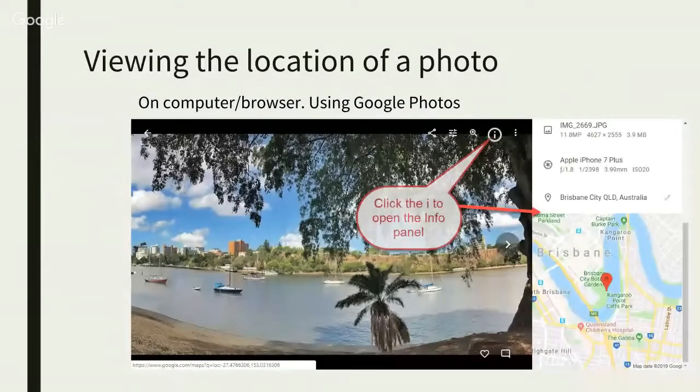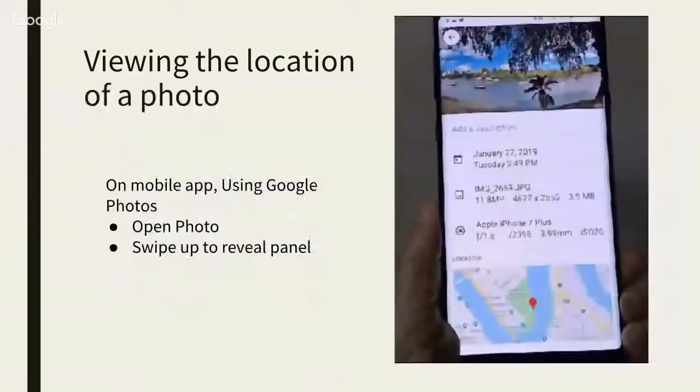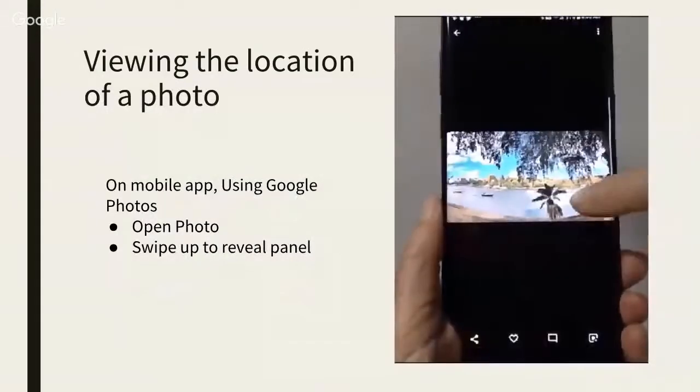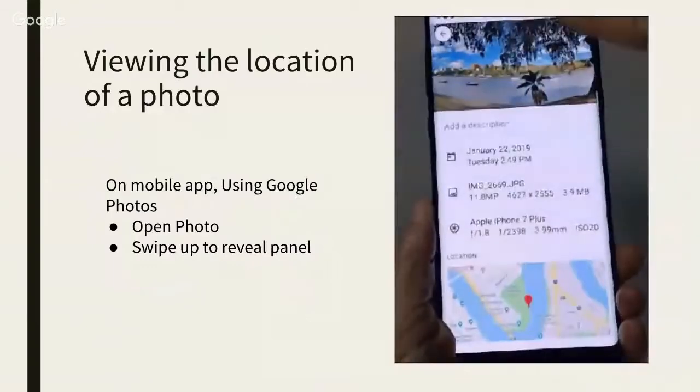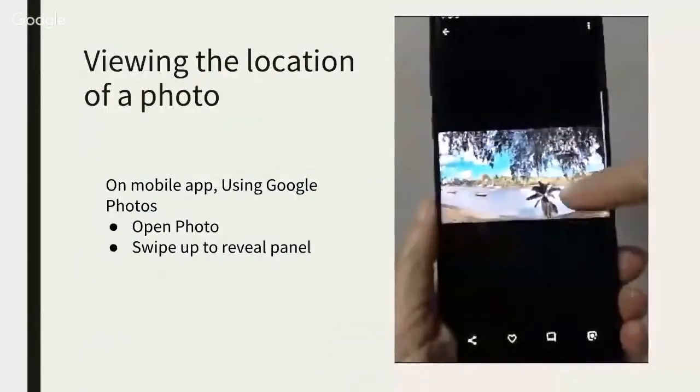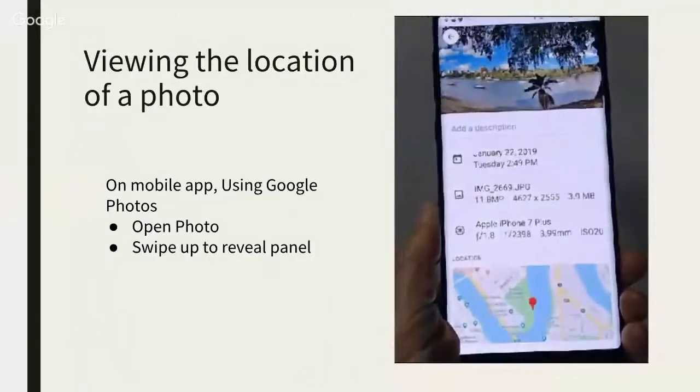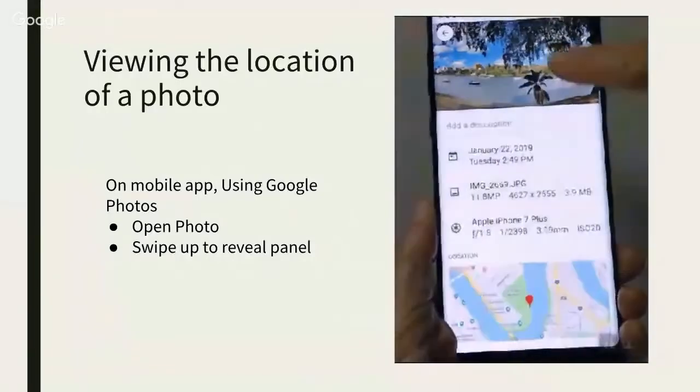Using Google Photos, if you're looking at your photos on a computer, you click that little i, and that opens up the info panel to the right, and you should see a map there.